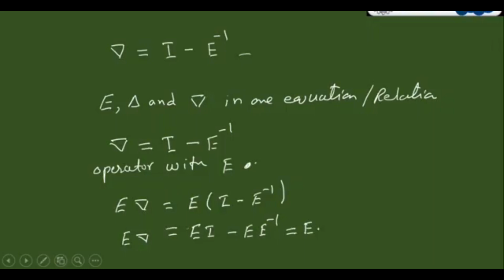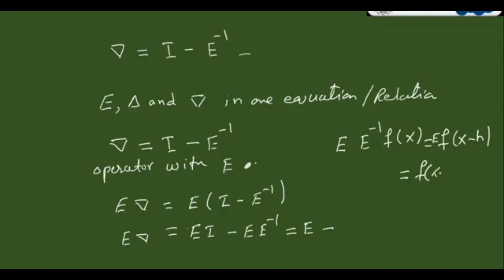But if you apply E again on it, the E operator on it, what does this mean? You have to move it forward. So moving forward means you have to add h. So what you get: you are at f of x minus h, and you have to move forward by plus h. So this will cancel out, and you will end up again at f of x.